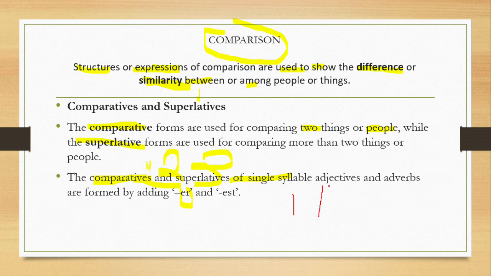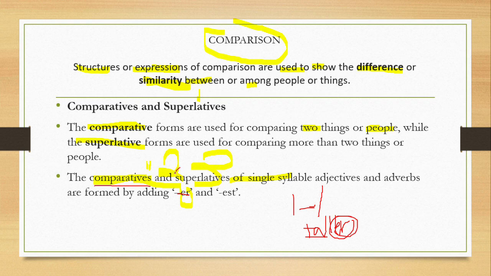Who is taller? Musonda is taller. So just hear the way I'm pronouncing it. Taller. So what is there at the end is er. So when you are comparing two things, this is called comparative, and you simply add er to the word. The word here is tall. When I want to say one is taller than the other, I'll simply add the er there.